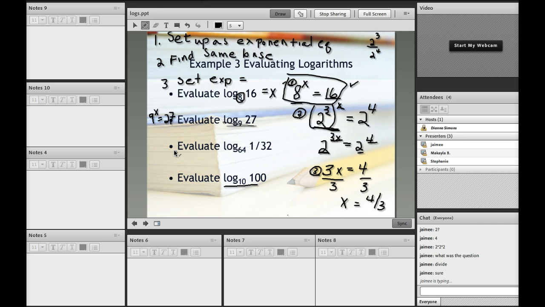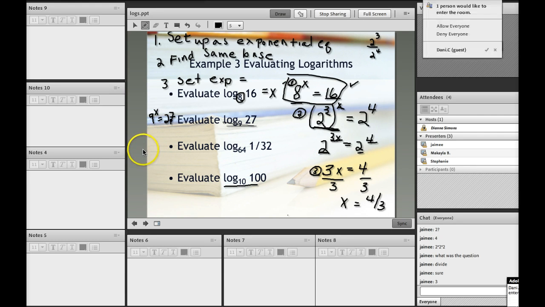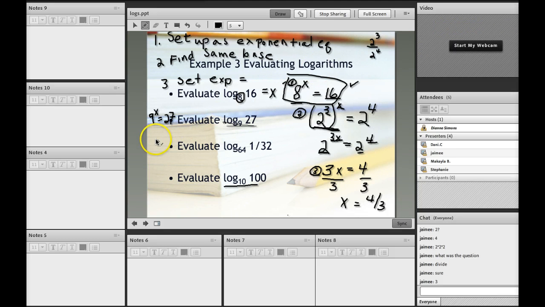So what's the same base? What base can I use for 9 and 27? What goes into both of them? Yeah, what divides evenly into both? Like if I had a 9, right?